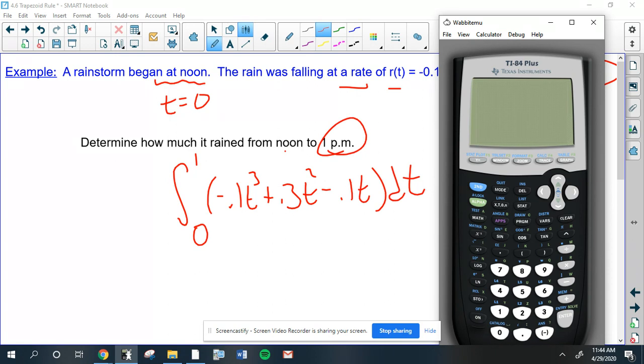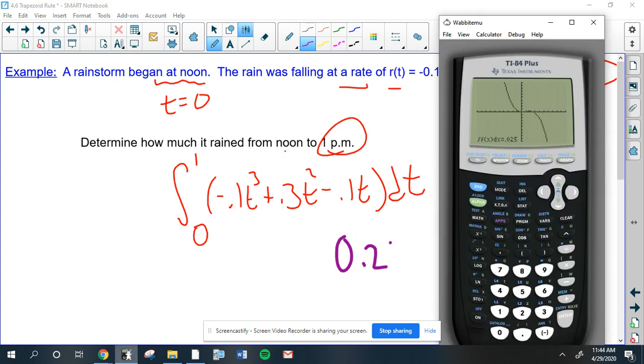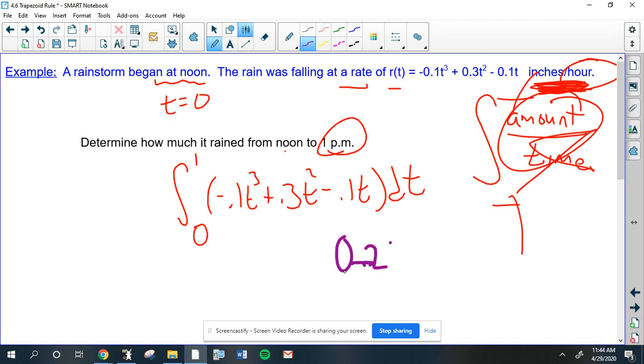I'll remind you how to do that in a second. So I already typed the function in, graph it, and then second calc 7 from 0 lower limit to 1, and it gives me 0.025.